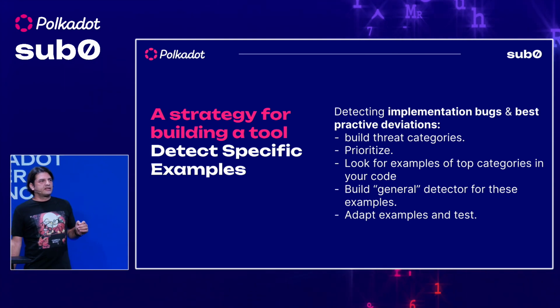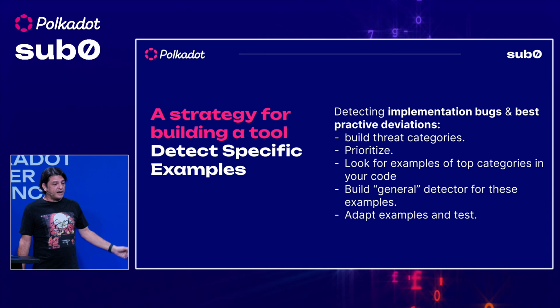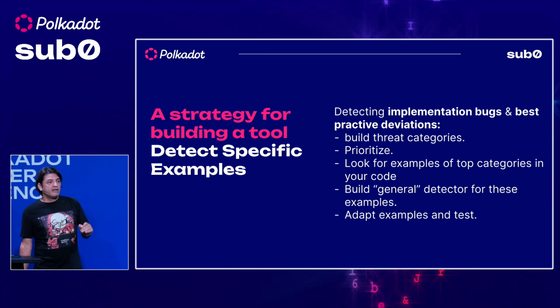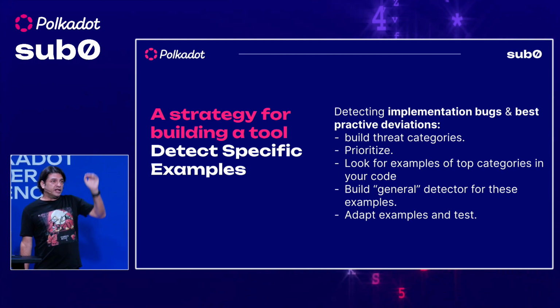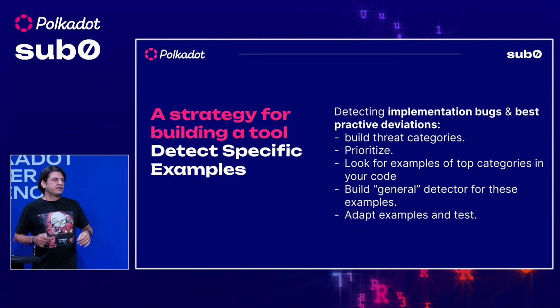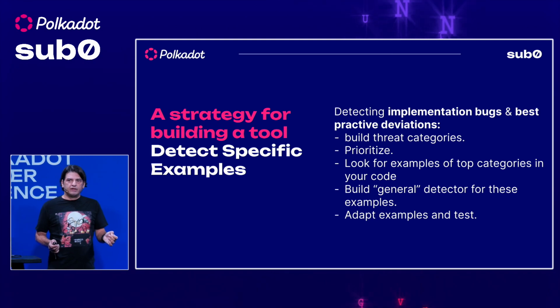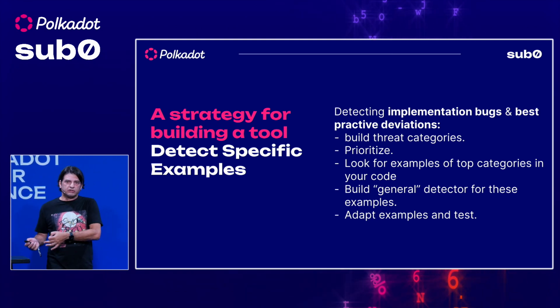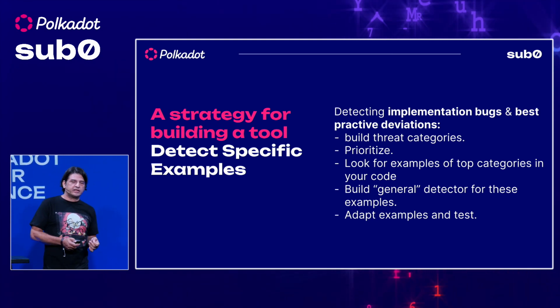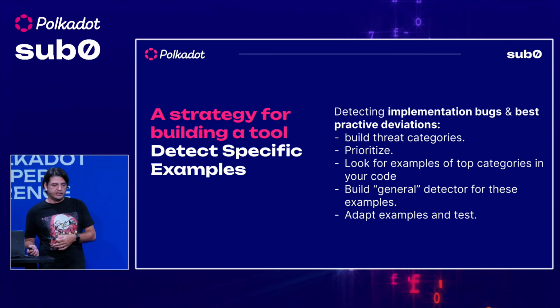What's our strategy here? We implemented the detection of some bugs and best practices by first building a list of all these deviations and threats, prioritizing, and then when there were examples available, we used those smart contract examples to build our detection. When there weren't any, we simply developed the smart contracts, including the vulnerabilities.